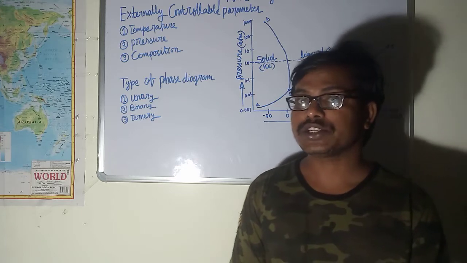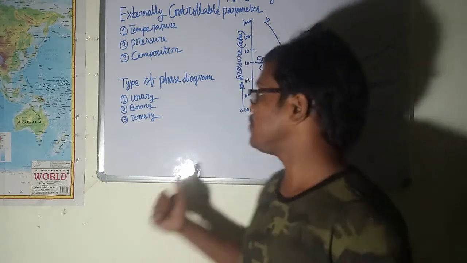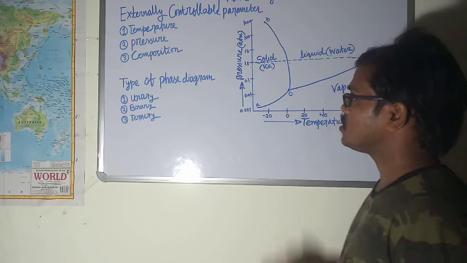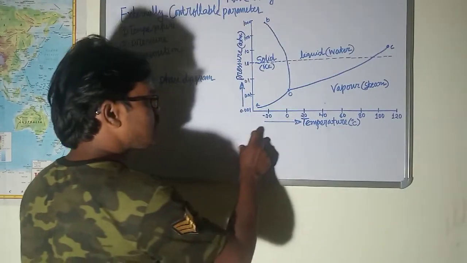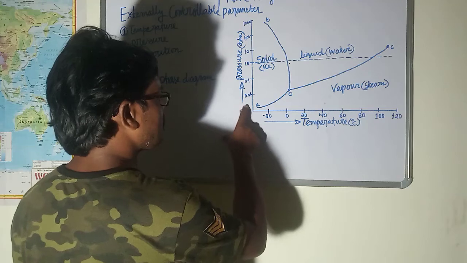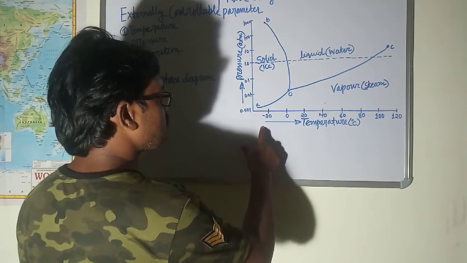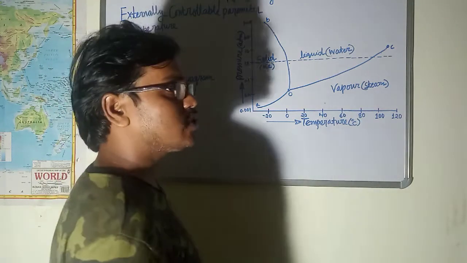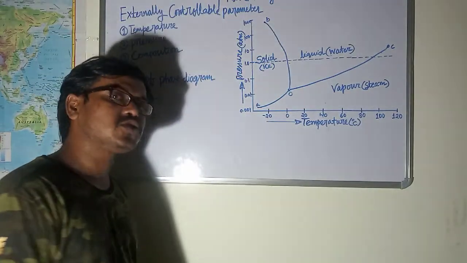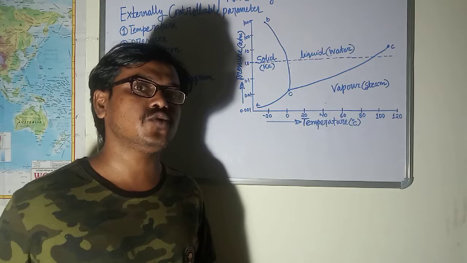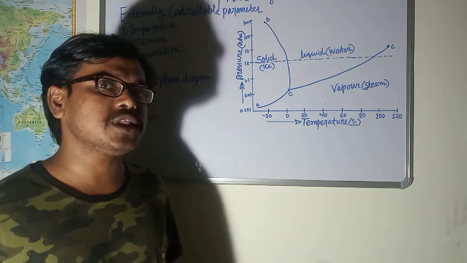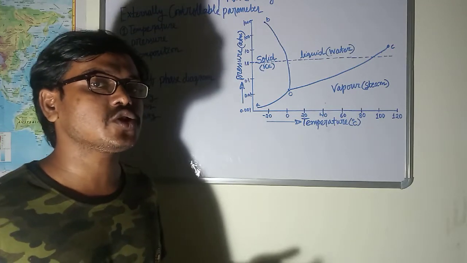So let's start with the unary phase diagram. The unary phase diagram is here, and for saving time we have already plotted it. In the unary phase diagram we have kept the composition of water constant. Actually we have not kept the composition of water constant, it is already constant. We cannot change the composition of water because we already know what water is, H2O, so its composition is already constant.